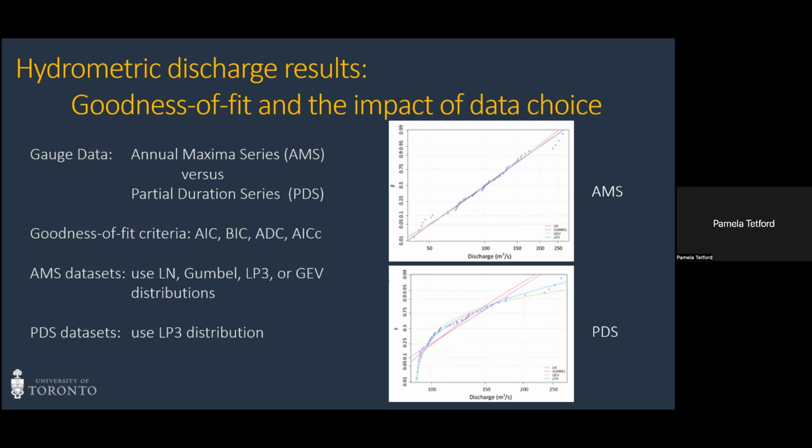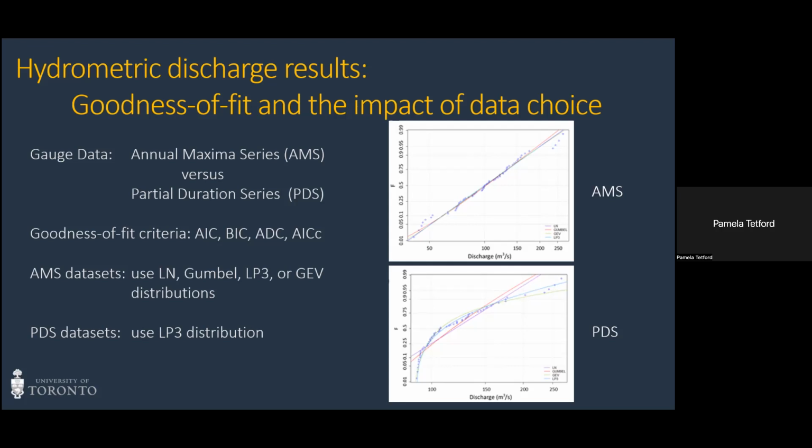And each of these data sets for each of the 207 gauge stations were fit to 4 different statistical distribution models: the log normal, Gumbel, log Pearson type 3, and the generalized extreme value distribution, using Monte Carlo simulations and 4 different goodness of fit criteria. And this is to get the best fit in order to be able to model this Q2 flow.